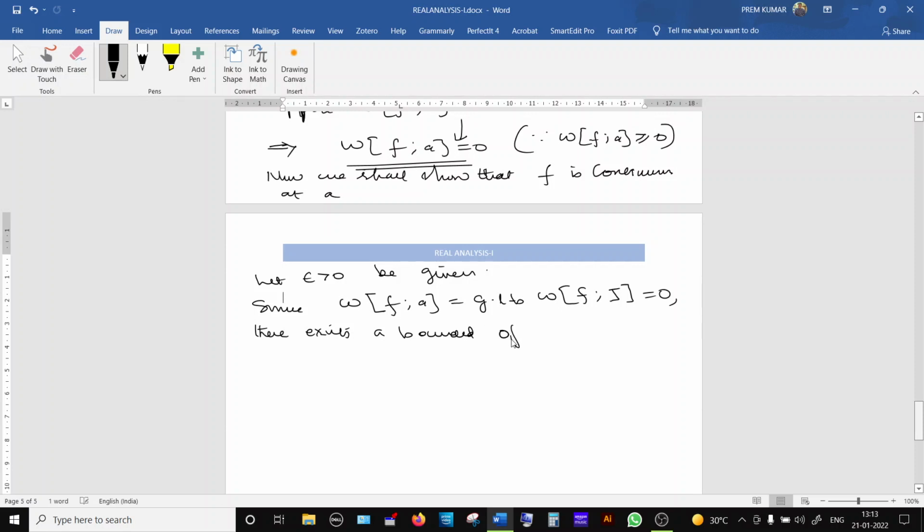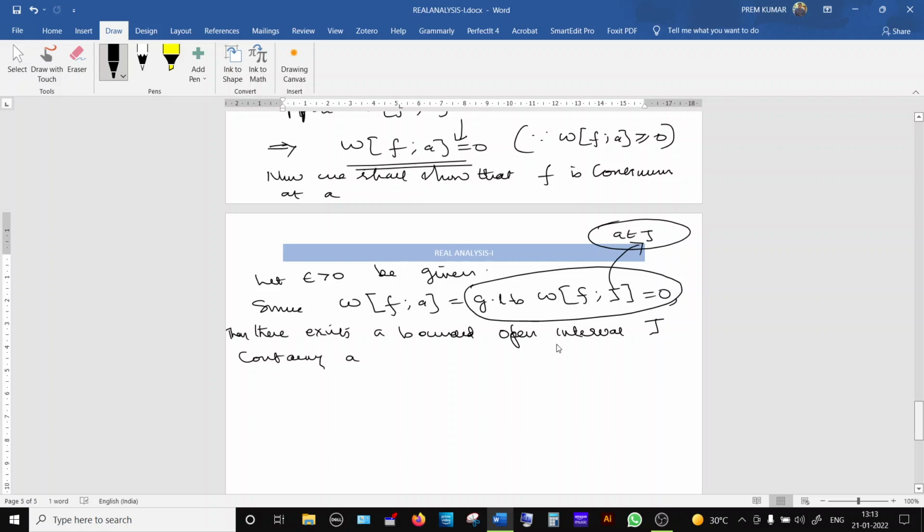What is the meaning of that? Then there exists a bounded open interval J containing a, because as per the definition, all the open intervals for which we take the GLB should contain a.